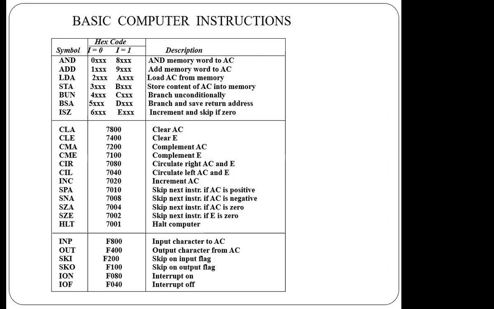So it will give you a 0 to 6 range. When the value of I is equal to 0, your operation code will vary from 0 to 6, right?